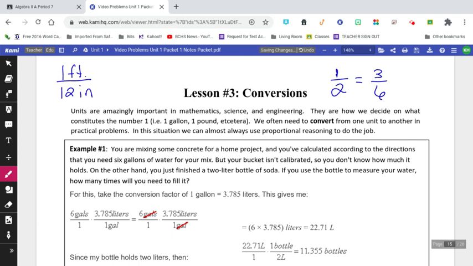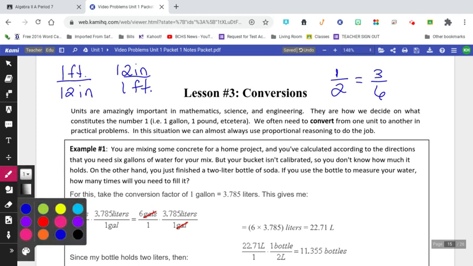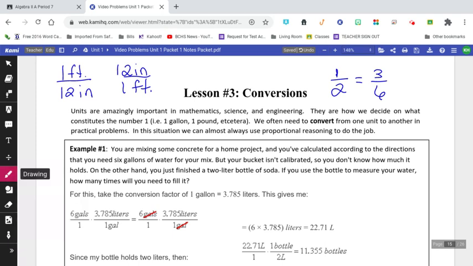Okay, that would be an example of a conversion factor. Now, depending on how you need to use it, you may also write that as 12 inches are in 1 foot. So again, it's two equal quantities and the fraction can be flipped. Hopefully as we go along, you'll see how this all works.